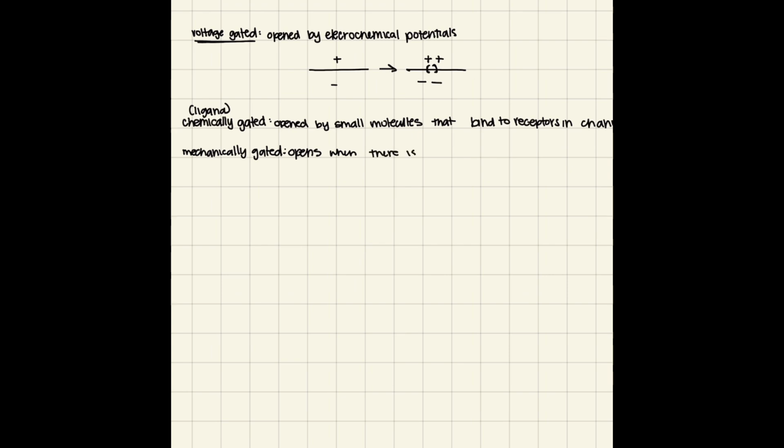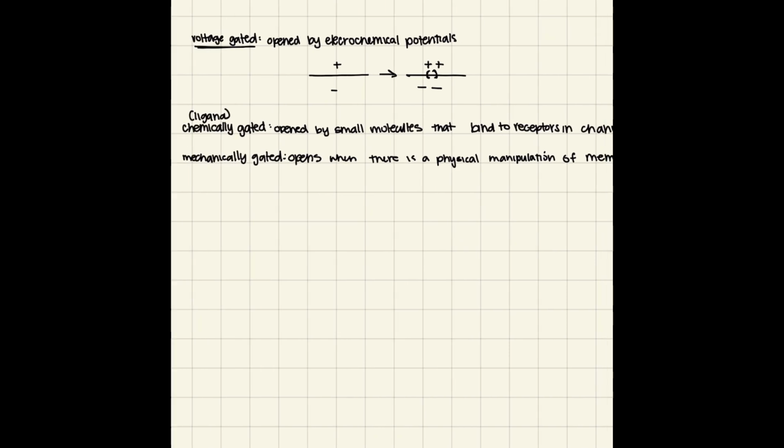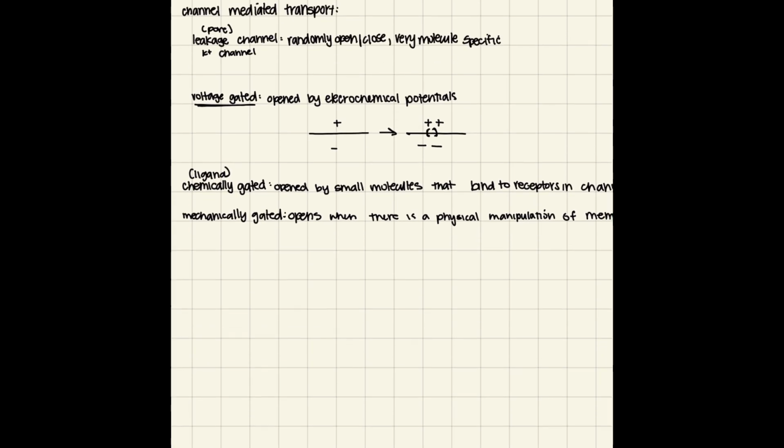There is a physical manipulation of the membrane, like there's pressure or a temperature change, or it's being stretched or pulled or pushed. That will open a mechanically gated channel. So that's channel mediated transport.